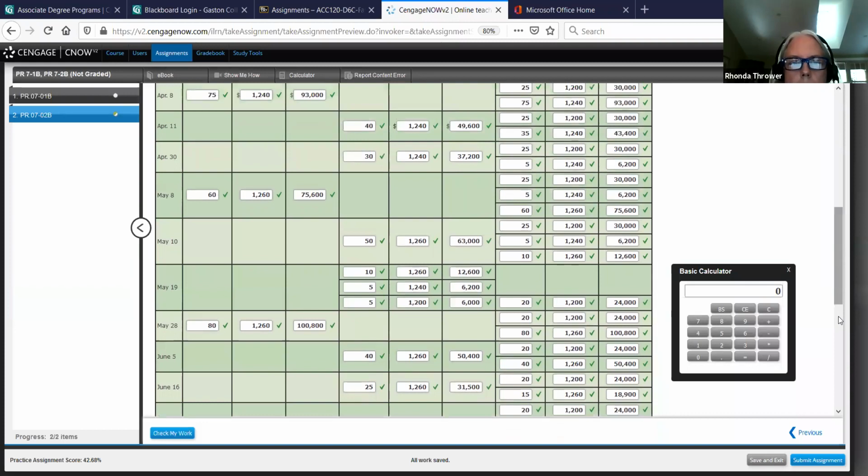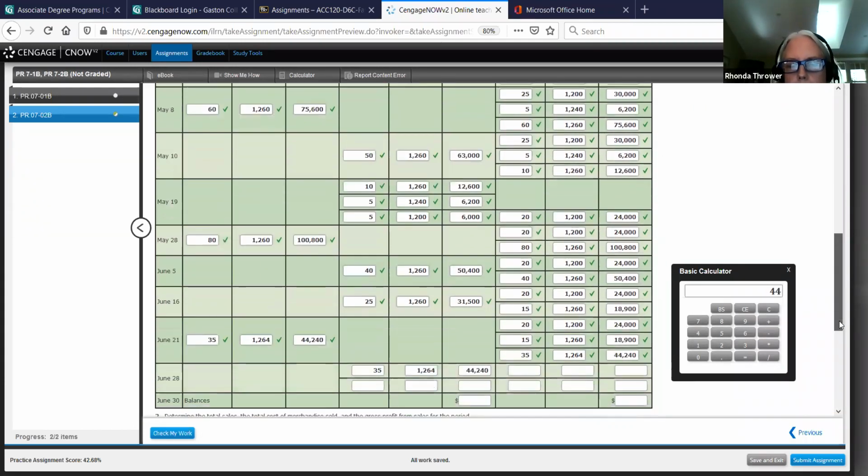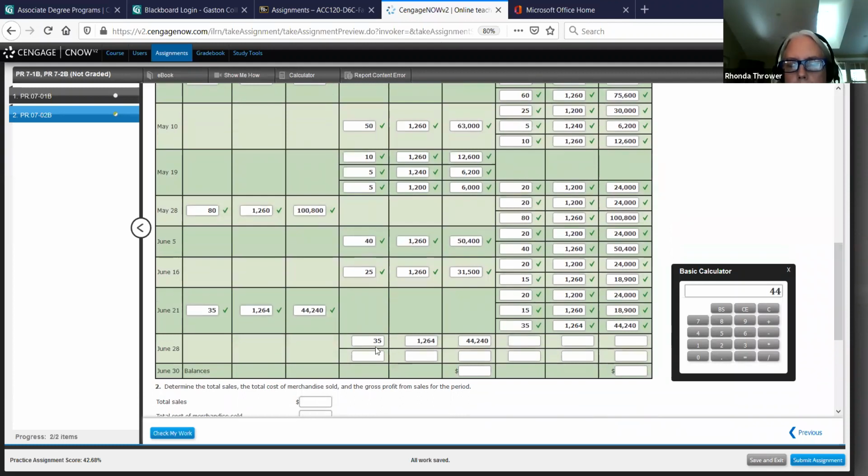I forgot how many units we sold. We sold 44 units. We've accounted for 35 of those units, so we're going to back out 35 units.